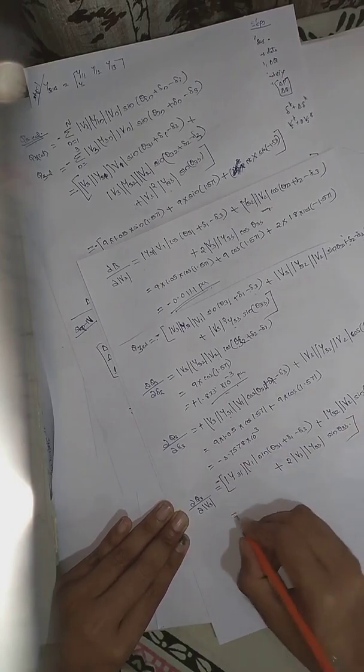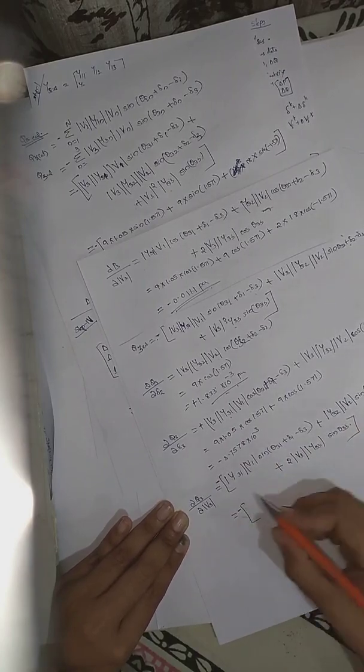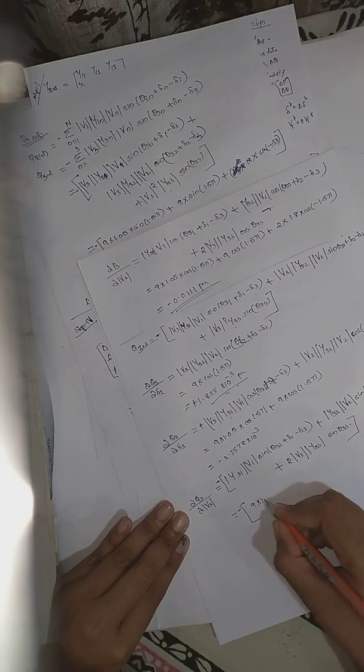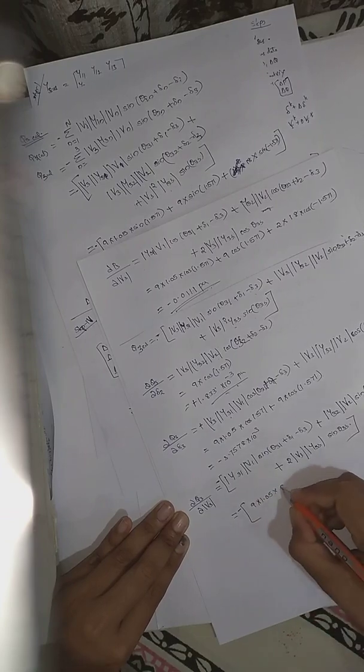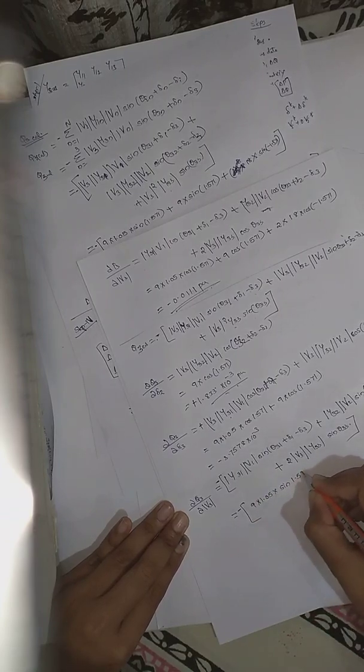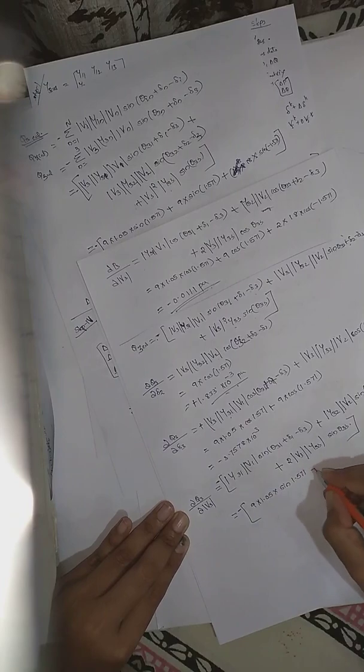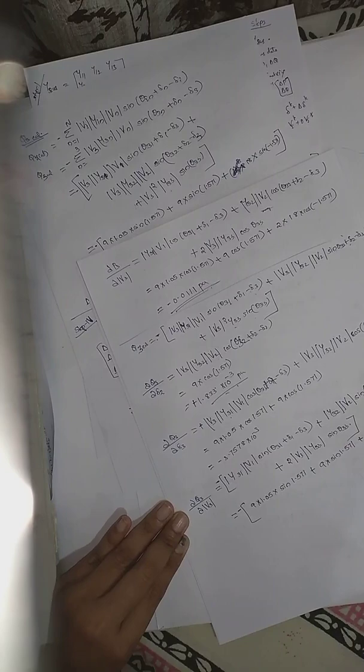So that will be equal to minus of Y31, which is 9 into 1.05 into sine of 1.571, plus Y32, which is 9 into 1 into sine of 1.571, plus 2 into 18 into sine of θ33, which is minus 1.571.